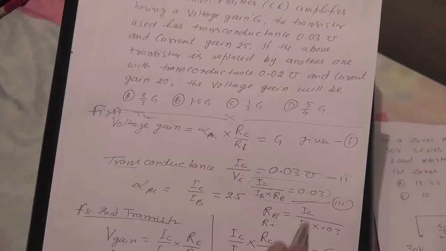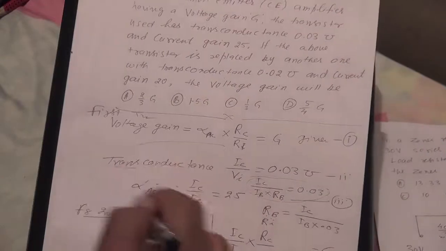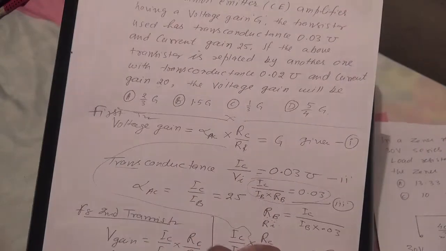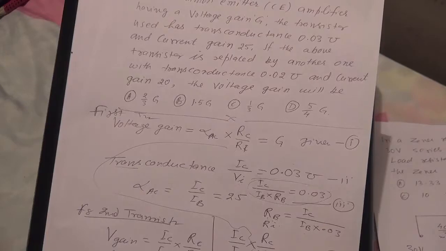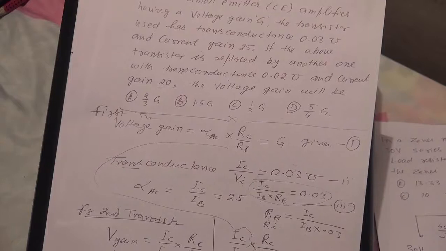RI, और RI की वैल्यू इतनी आई। तो यहां पर जो ये RI आना है, इस RI को हमने यहां पर लिख दिया क्या? ये RI की वैल्यू IC अपॉन IB इंटू 0.03। ओके, अब ये ऊपर चला जाएगा तो ये क्या बना?